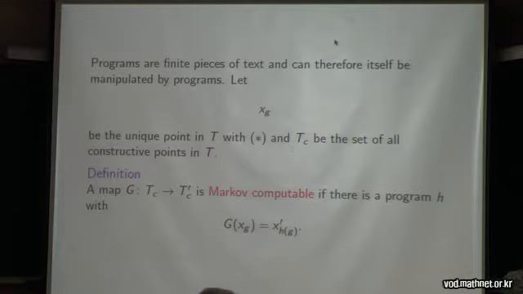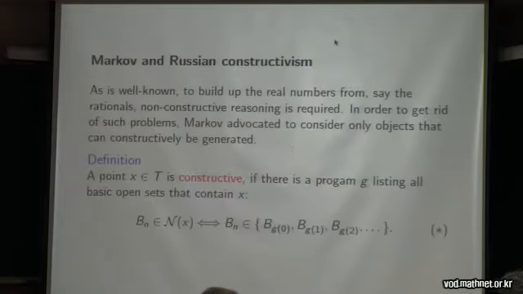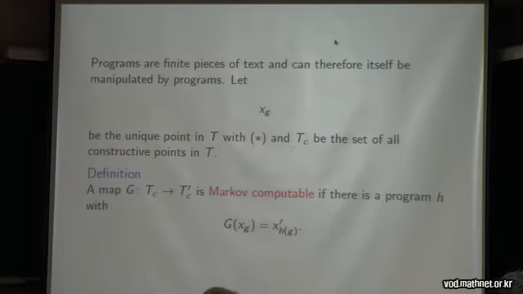So the requirement is that there is a program. This program starts to manipulate G, and then the output is again a program which does such an enumeration as in star, and by that way determines a point in the range space.